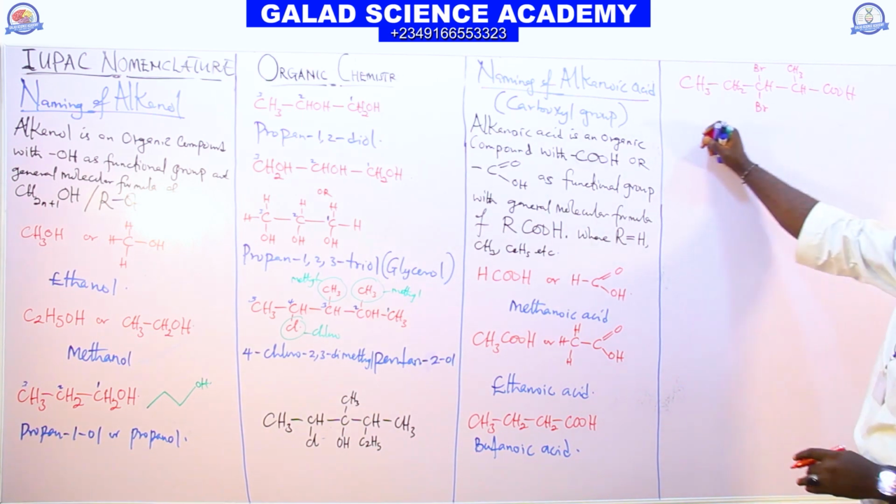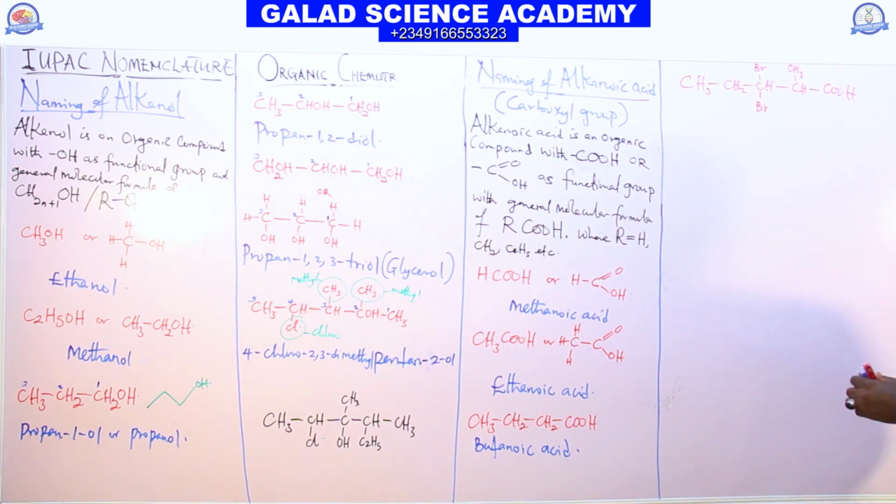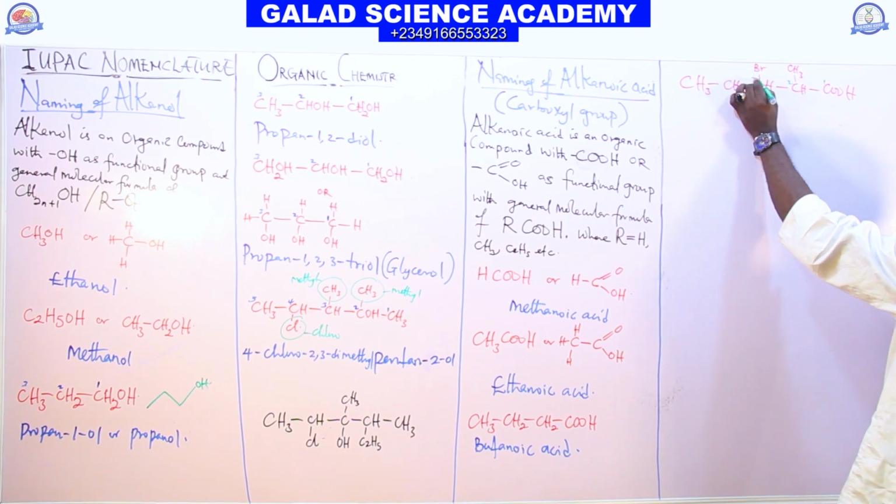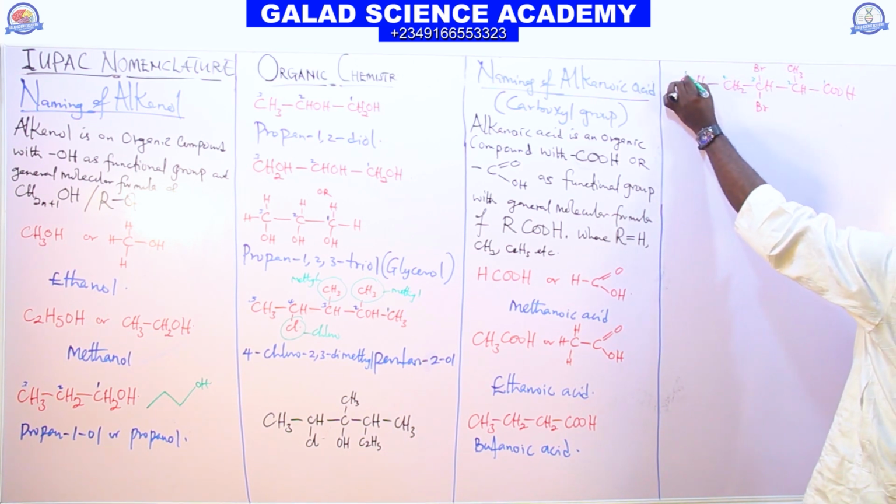You are now asked to name the compound. You must start your naming from the functional group. Don't forget, that one is constant. So we have 1, 2, 3, 4, 5.